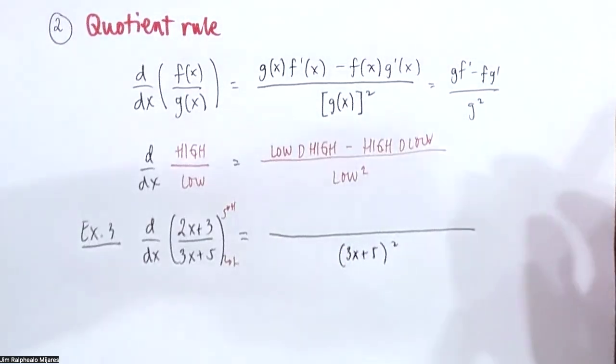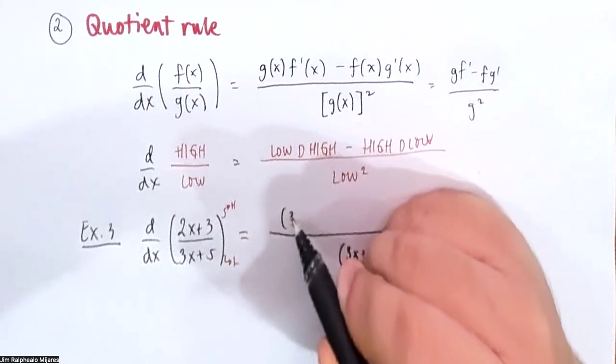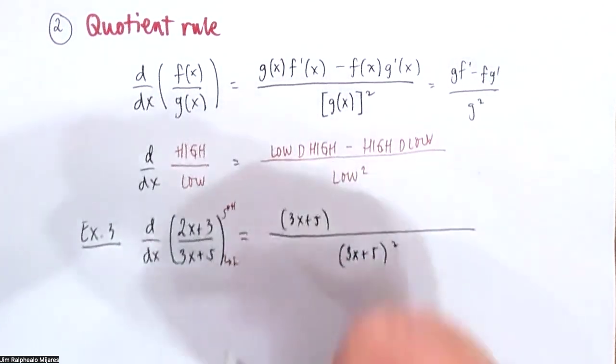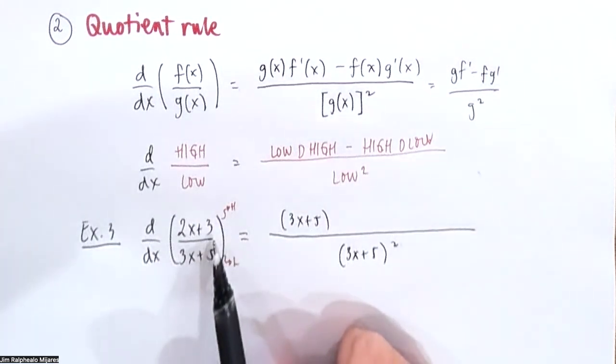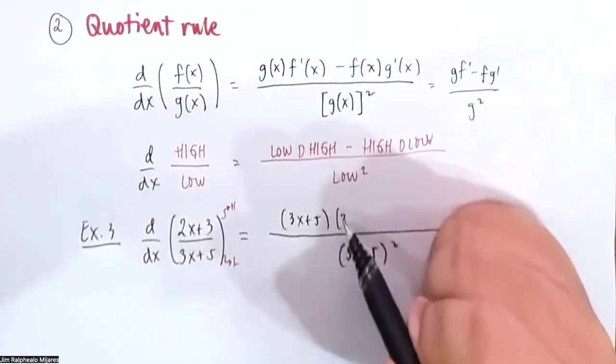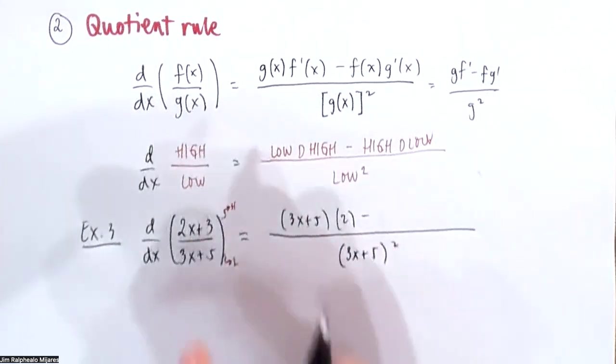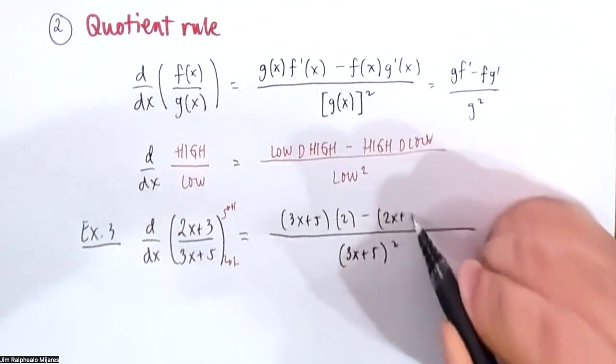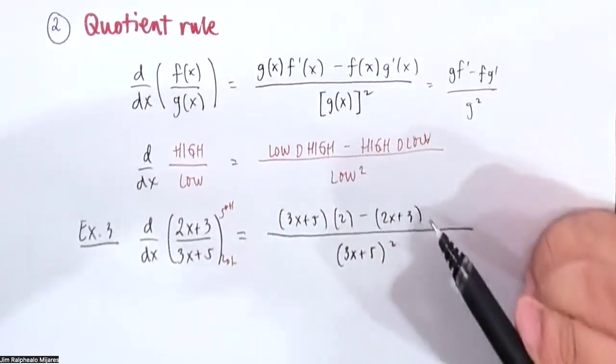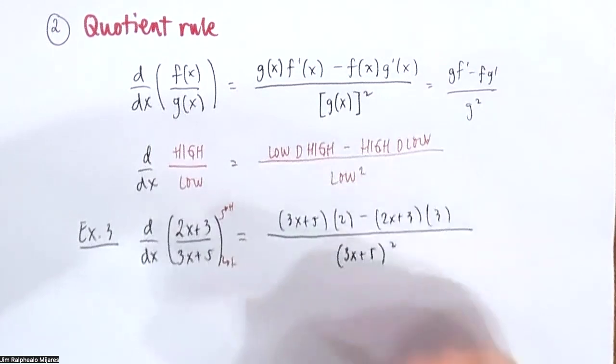Okay. Now, low d high, so low times the derivative of high. So what's the derivative of 2x plus 3? That's 2. Then high, 2x plus 3, d low. So the derivative of 3x plus 5, that's 3.